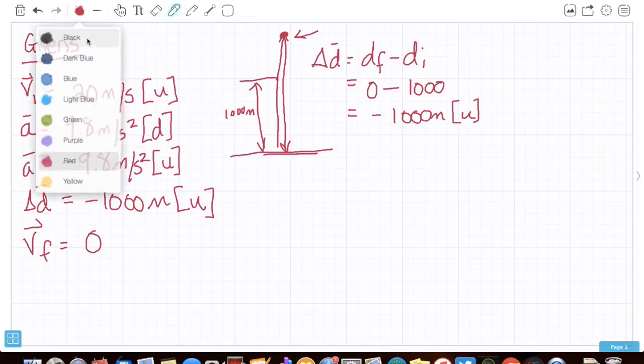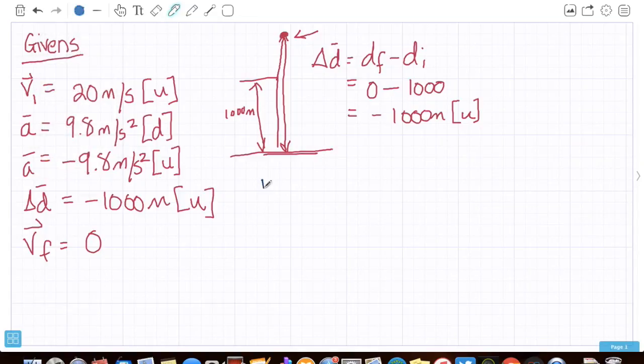Okay, so we have enough information now to solve part one. So we're going to look for this answer right there. How high is that? So that's my h value. So we're going to find h, and we're going to look for a kinematic equation that involves this, because we know that the final velocity at that position is 0.